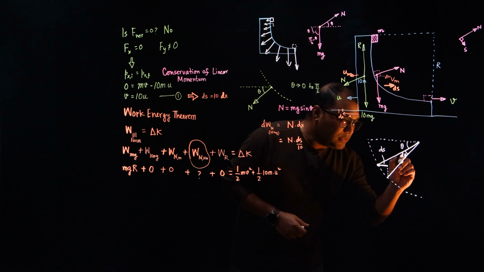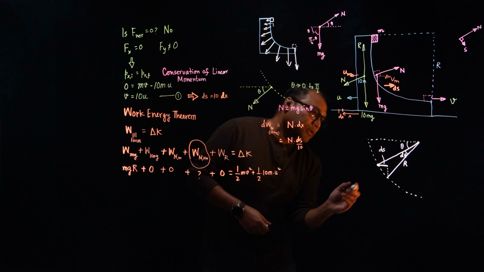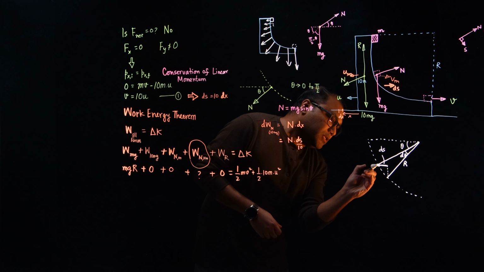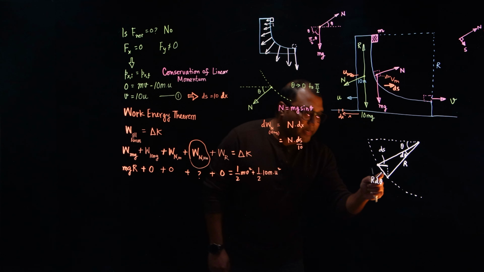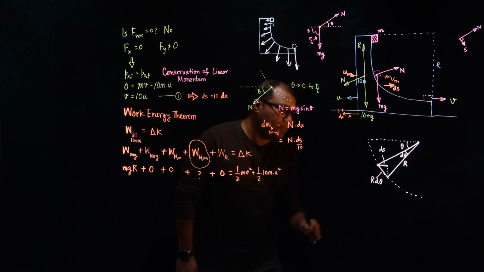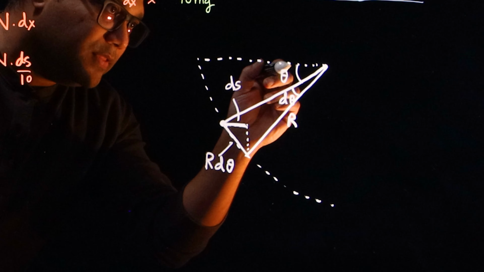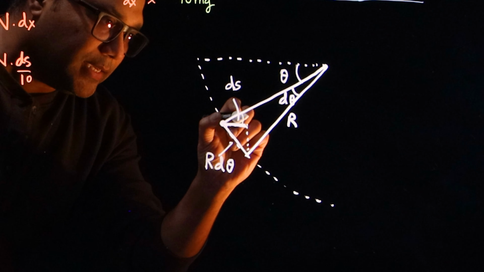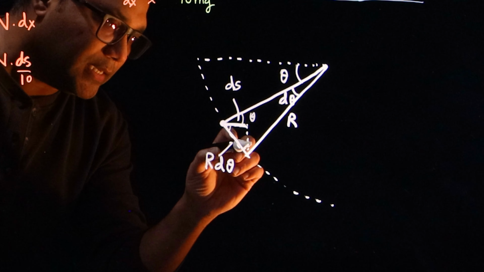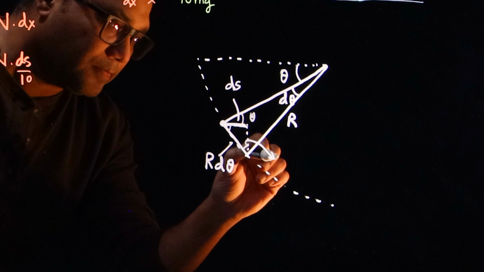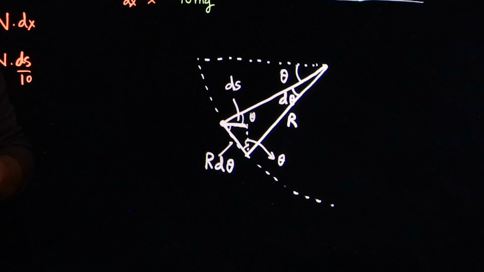Now the radius is r. So we can approximate this curve as a straight line, so this distance is r d theta. Now look at this small triangle here. If this angle is theta, this angle is also theta, which means this is 90 minus theta. Now I can see some light here.